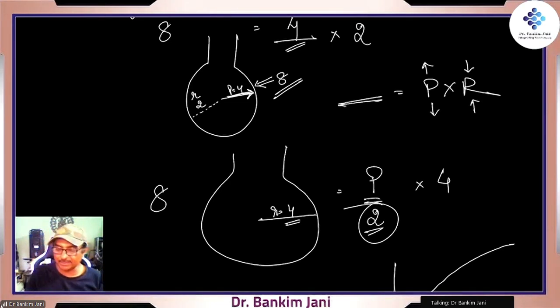That was the reason that when the value of R was small, when the radius was small, you had to exert more pressure. And when the radius starts increasing, you have to exert less pressure to overcome this wall tension, so that the atmospheric pressure remains the same.